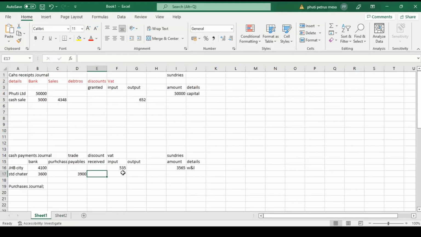Is it VAT output or VAT input? Remember that's a discount. So the discount is more like you are receiving. So that's why you have to record that under the output VAT with an amount of 39 rand. And then the difference between 300 and 39 rand is how much?